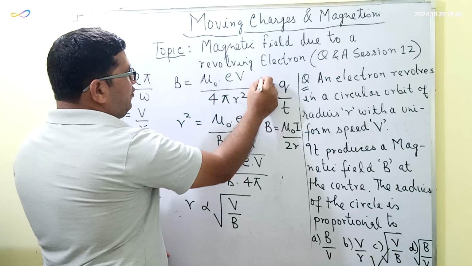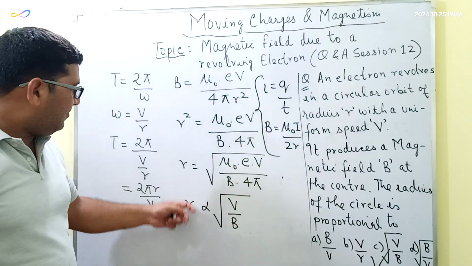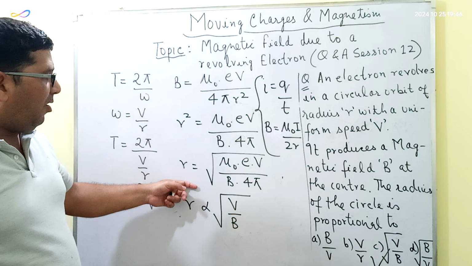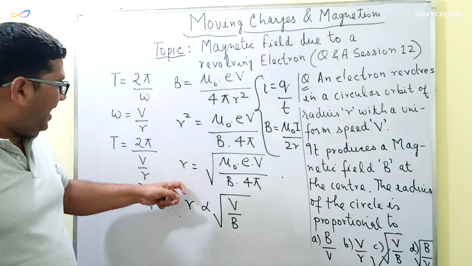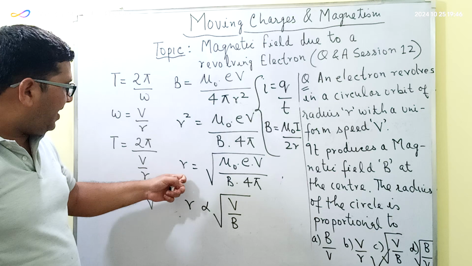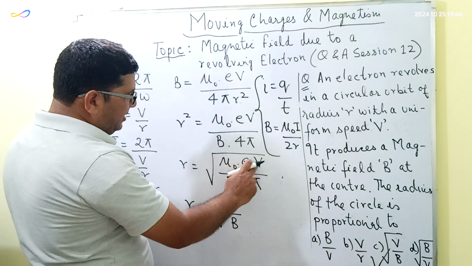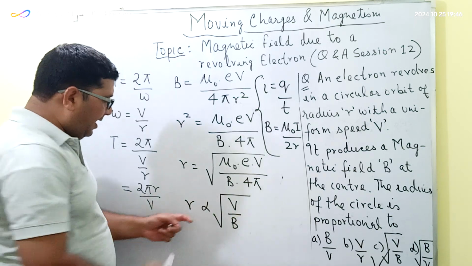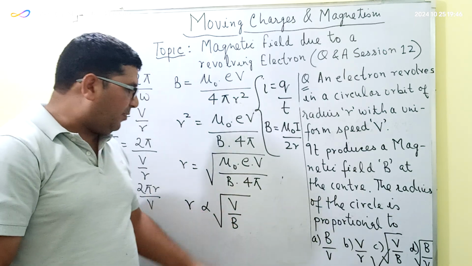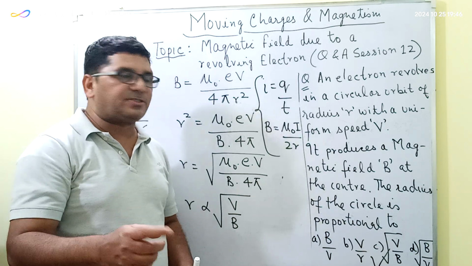By using these two formulas, we were able to find the radius of this circular orbit. From r is equal to under root mu naught e v divided by B into 4 pi, we can conclude that r is directly proportional to under root v upon B, and the correct option is C.